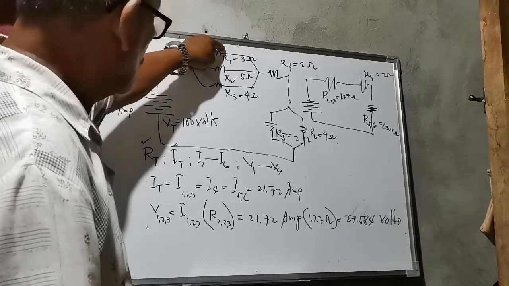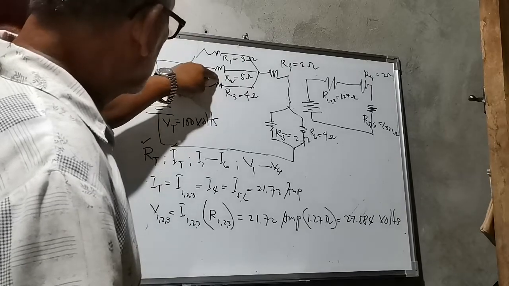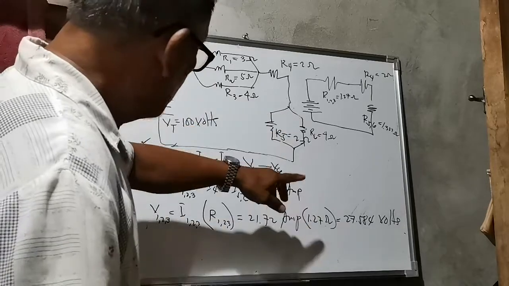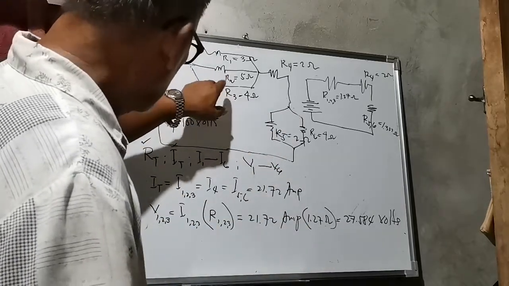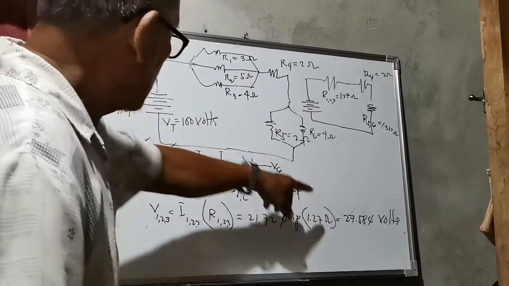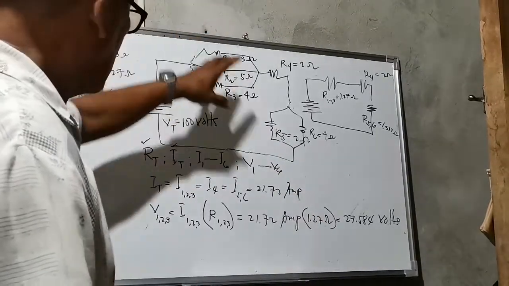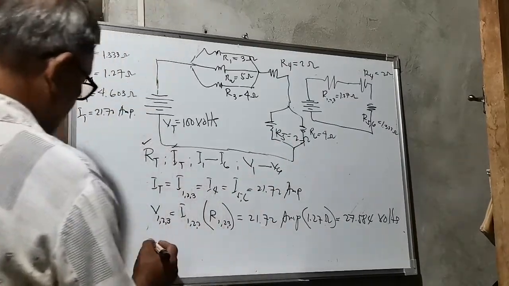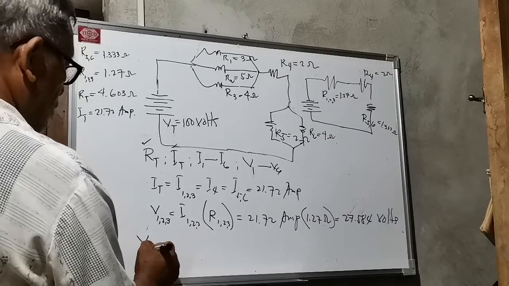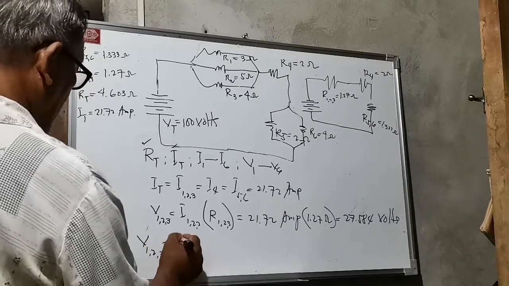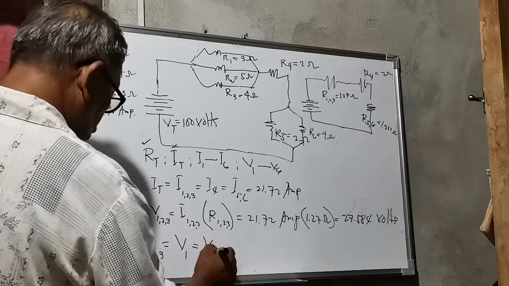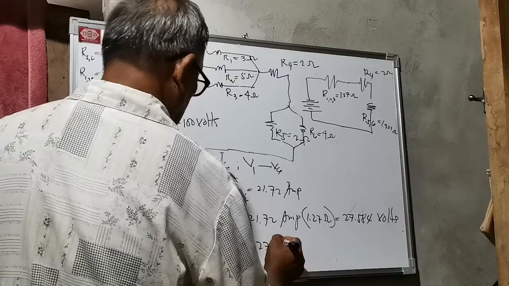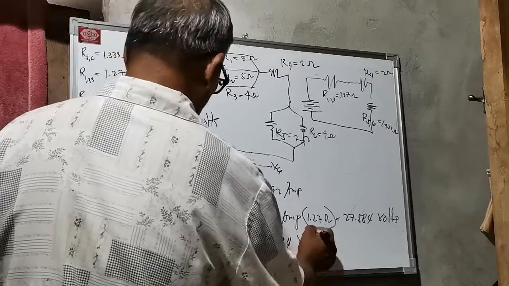The voltage here at R1 should also be 27.584, and V3 is also 27.584, since they are all connected in parallel, because parallel connection will give us a common voltage. Therefore, V123 will give us V1 equals V2 equals V3 equals 27.584 volts.